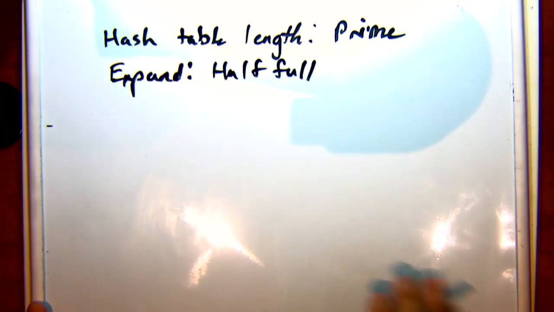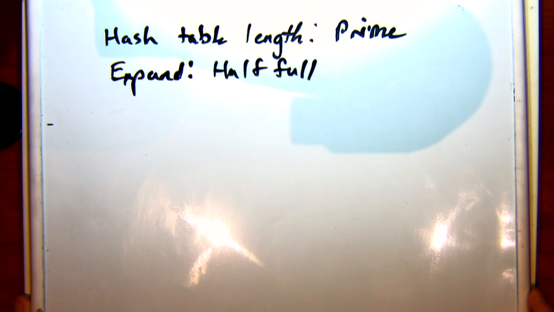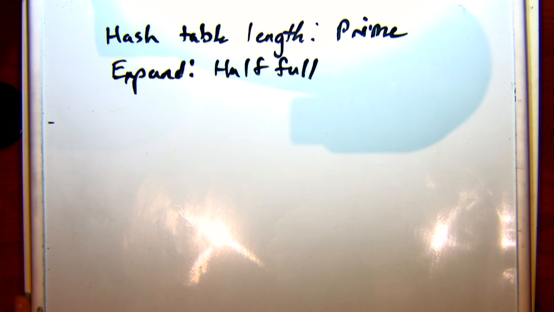Can anybody tell me what the runtime to expand a hash table is? Just in any case. No? It's pretty intuitive. In order to expand a hash table, we have to create an entirely new table that's longer, and then we have to rehash all of that data.